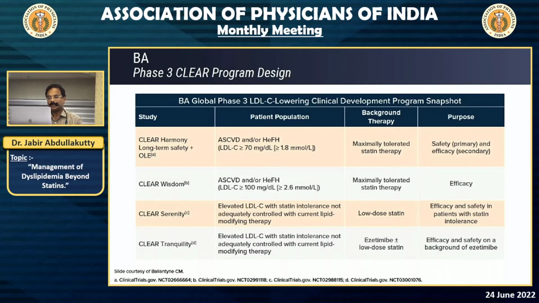We have plenty of data with these studies: CLEAR Harmony, CLEAR Wisdom, CLEAR Serenity, all CLEAR trials. They looked at either patients on maximally tolerated statin therapy who had not reached the target LDL of less than 70, or atherosclerotic cardiovascular disease plus heterozygous familial hypercholesterolemia on top of maximally tolerated statin therapy, or true statin intolerance where low dose statin plus this drug, or statin intolerance where ezetimibe plus low dose statin.